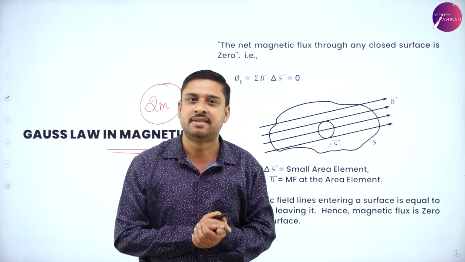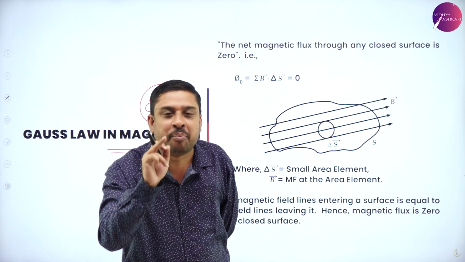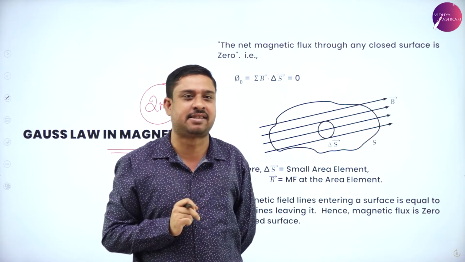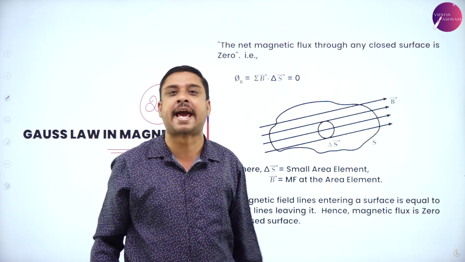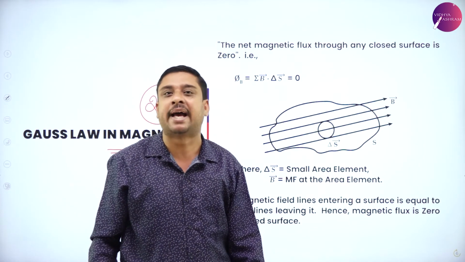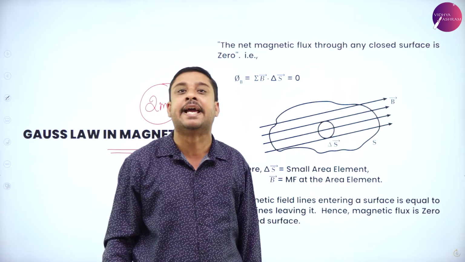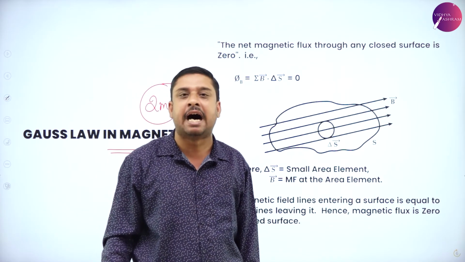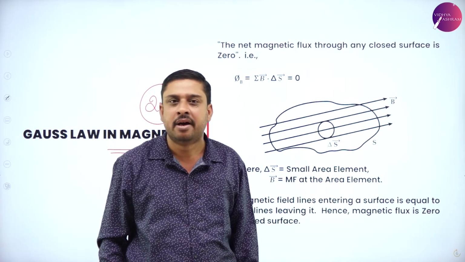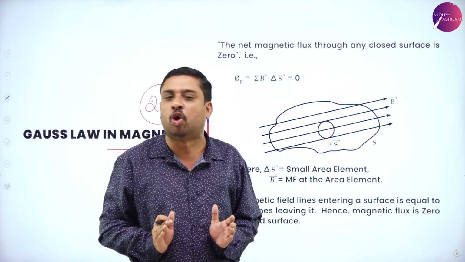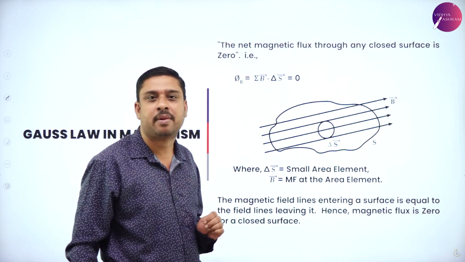Good. What does it say? The total normal electric flux across a closed surface in vacuum is 1 by epsilon naught times the total charge enclosed by that surface. Now, compare that with Gauss law of magnetism.